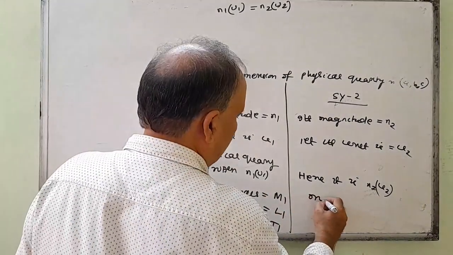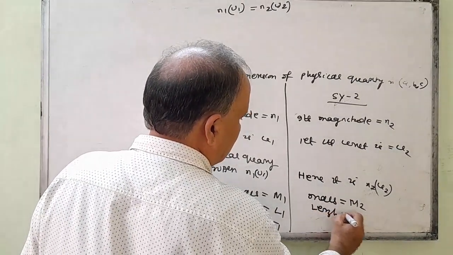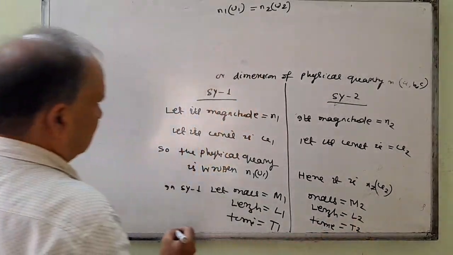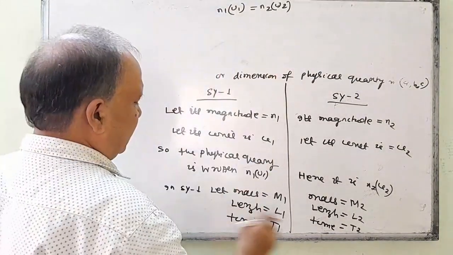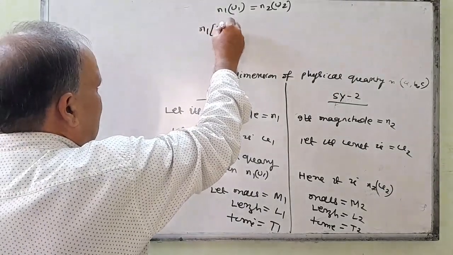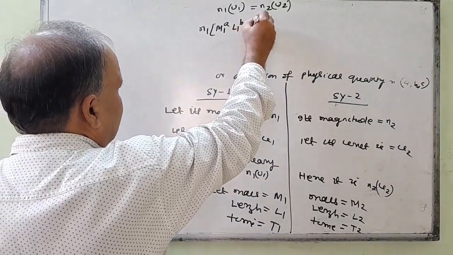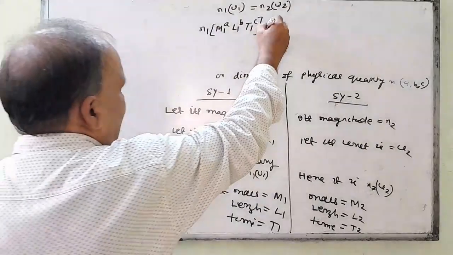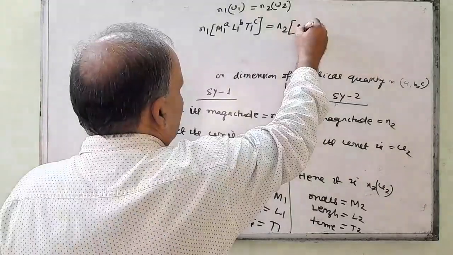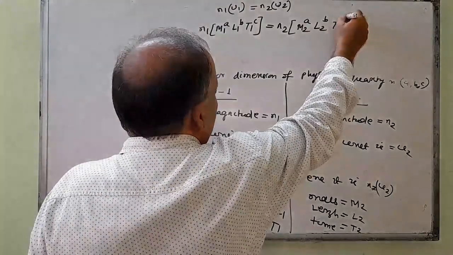In system 2, mass is equal to M2, length is equal to L2 and time is equal to T2. So, the physical quantity in system 1 is written as N1 into M1 to the power A, L1 to the power B, T1 to the power C. And in system 2, it is written as N2 into M2 to the power A, L2 to the power B, T2 to the power C.